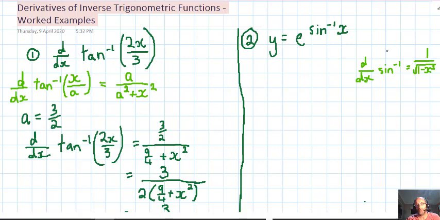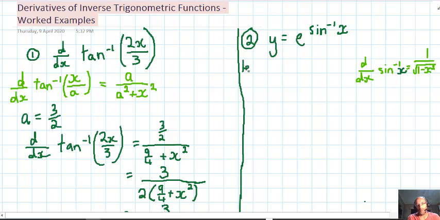Okay, the next question, we're going to have to use the chain rule. We've got y equals e to the inverse sine of x, so it's a function of a function, and I've just written down there in light green the derivative of inverse sine of x, is 1 over the square root of 1 minus x squared from our previous work.